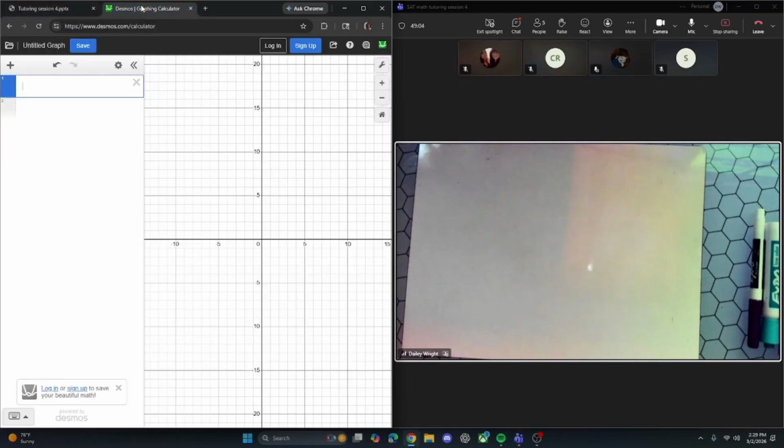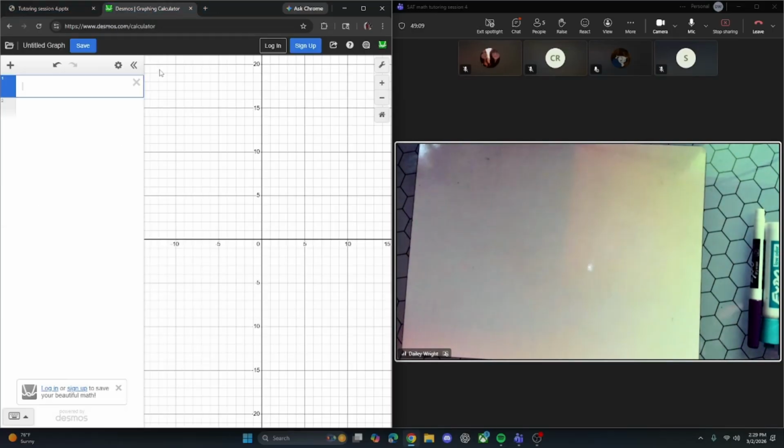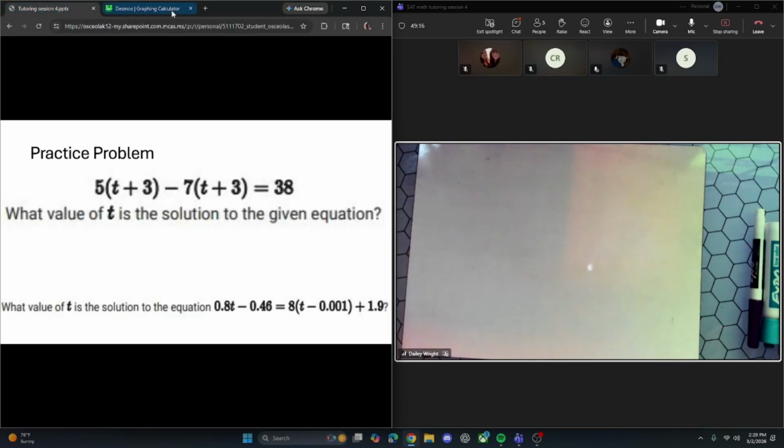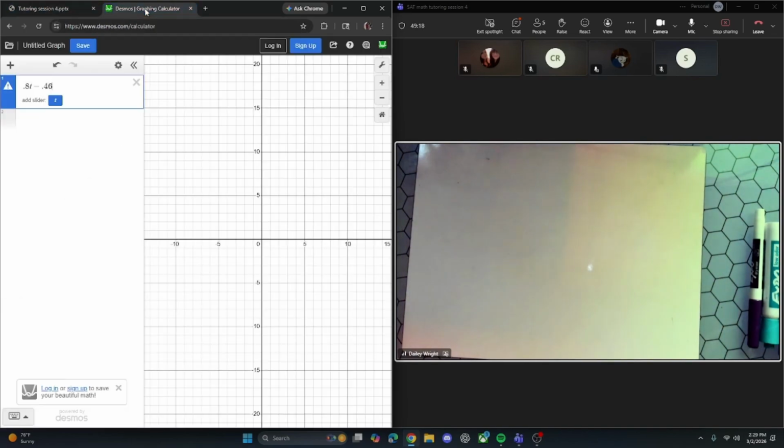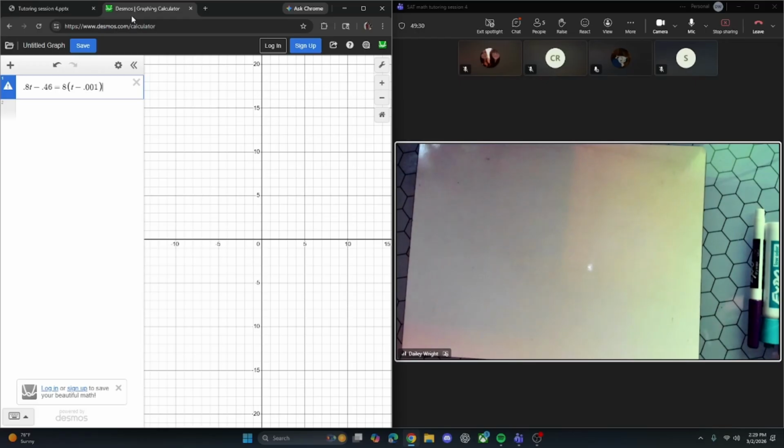You're going to plug it into Desmos. 0.8t minus 0.46 equals 8 times t minus 0.001 plus 1.9, and I put an equal sign instead of that squiggly sign.